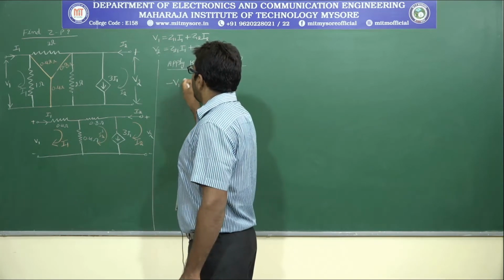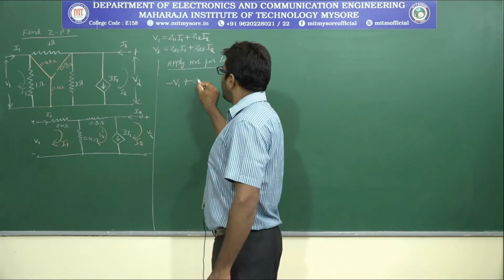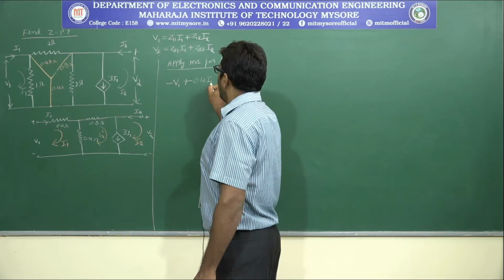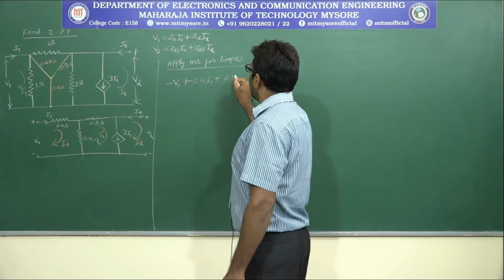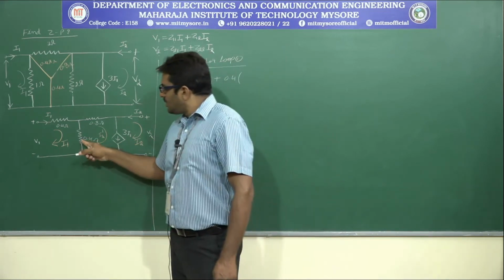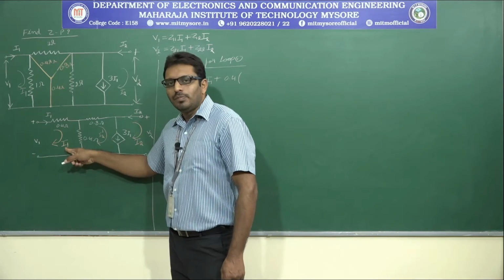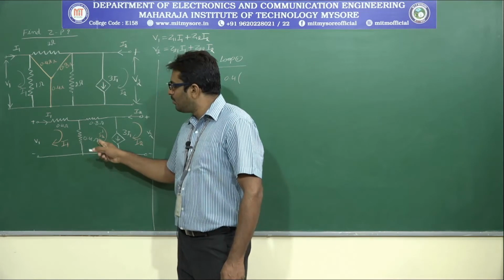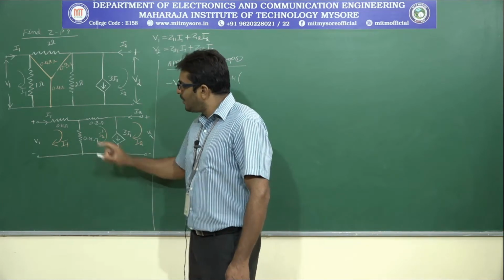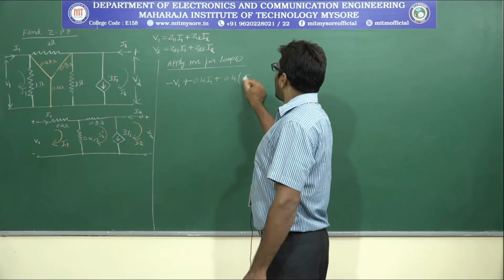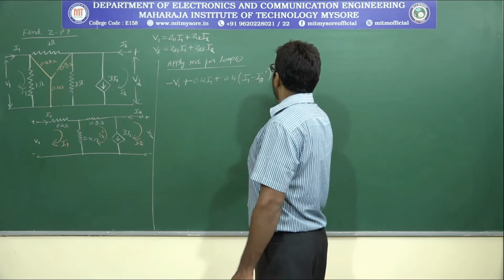So minus V1 plus 0.4 into I1, plus 0.4, because this 0.4 ohm is connected between the first loop and the second loop. What is the current in the first loop? I1. The current in the second loop is I2 dash, right? So I1 minus I2 dash, that is equal to 0.